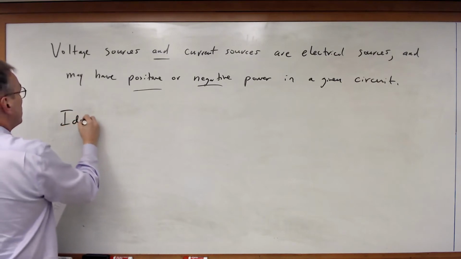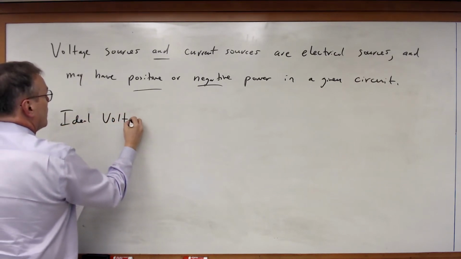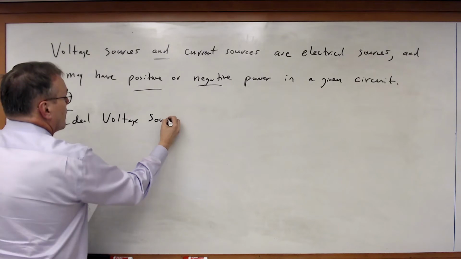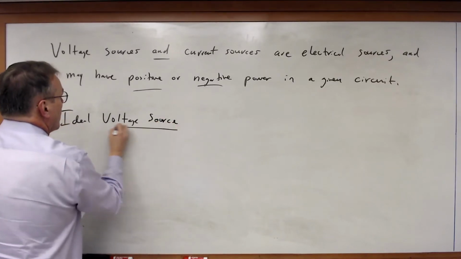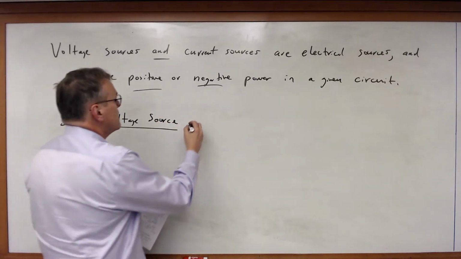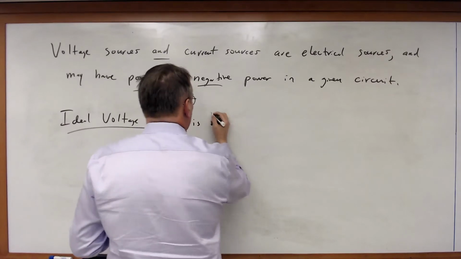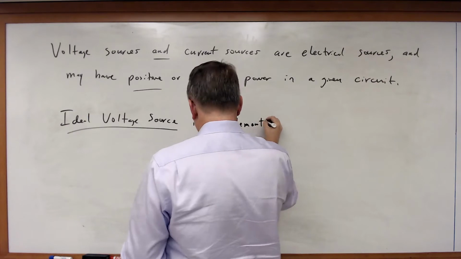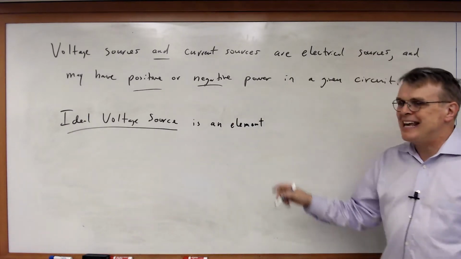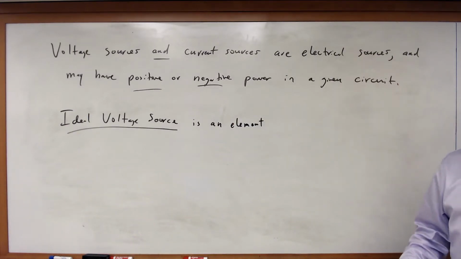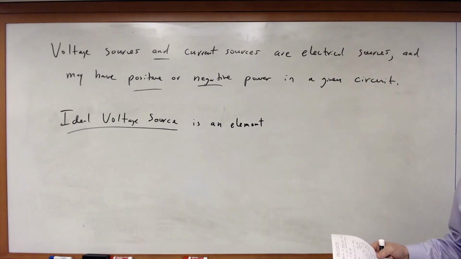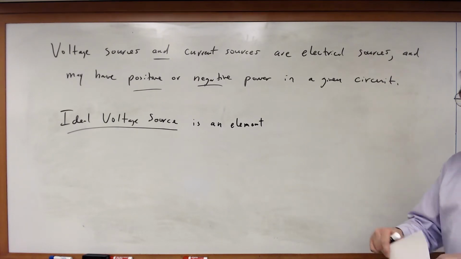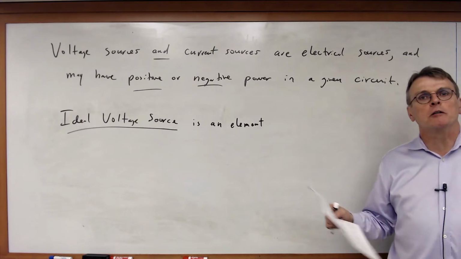First is the ideal voltage source. The ideal voltage source is an element that maintains a specific quantity and polarity of voltage across it, regardless of the current flowing through it.